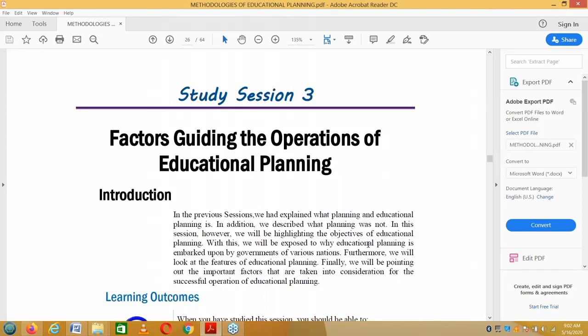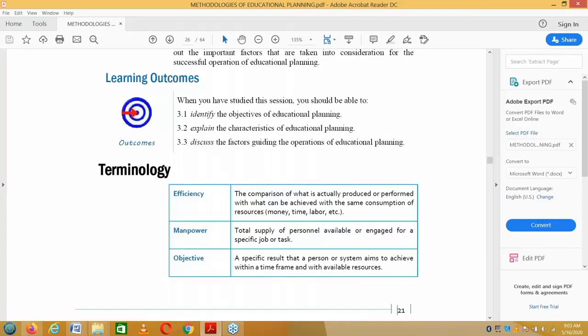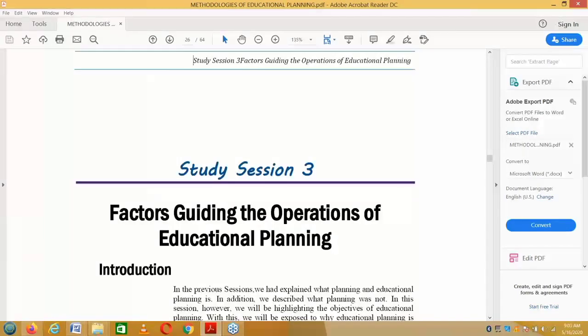We've also talked about the evolution of educational planning in Nigeria, where we explained the Ashby Commission, the reports, and all that. Now, today we'll be talking on factors guiding the operations of educational planning.